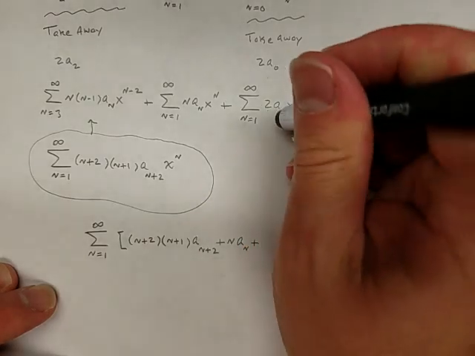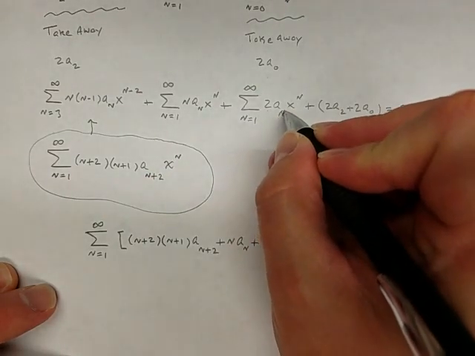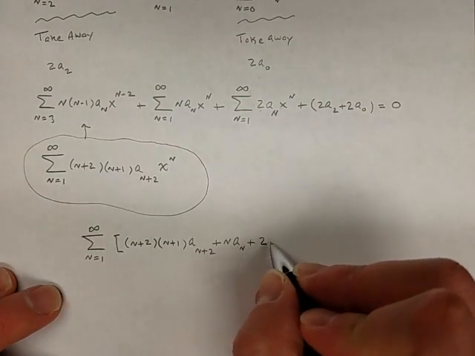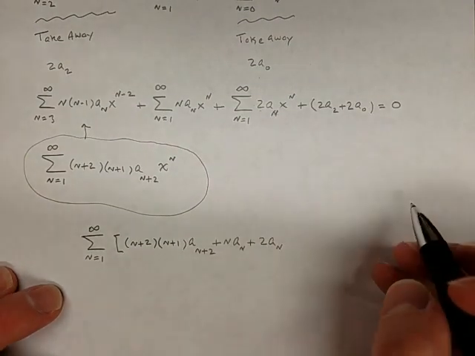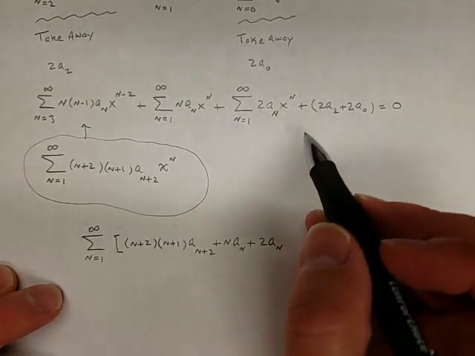Oh, sorry, I made a mistake there. That was supposed to be a sub n the whole time. All right, anyway, so 2 a n. So make sure you note that correction. You probably already noticed it, though.